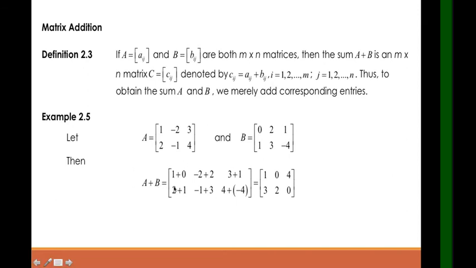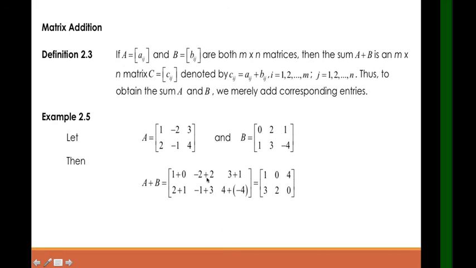So A + B is equal to this. It is just straightforward: you place B over A, and the entries facing each other are the ones you add, so the same column and the same row position. 1 plus 0 is 1.